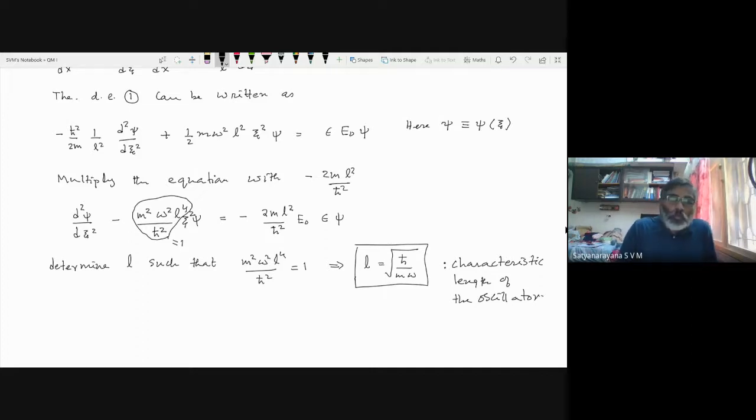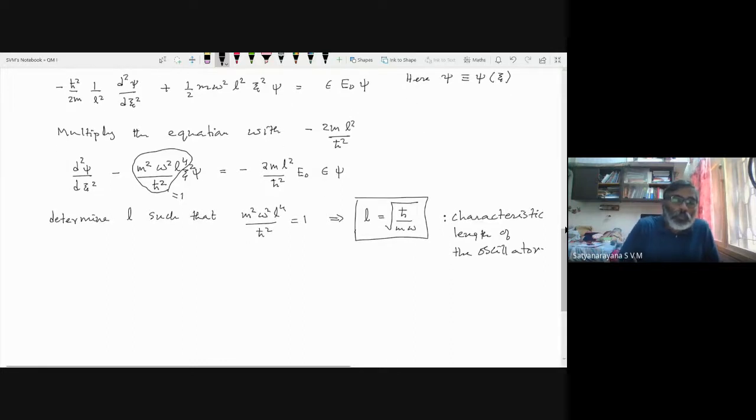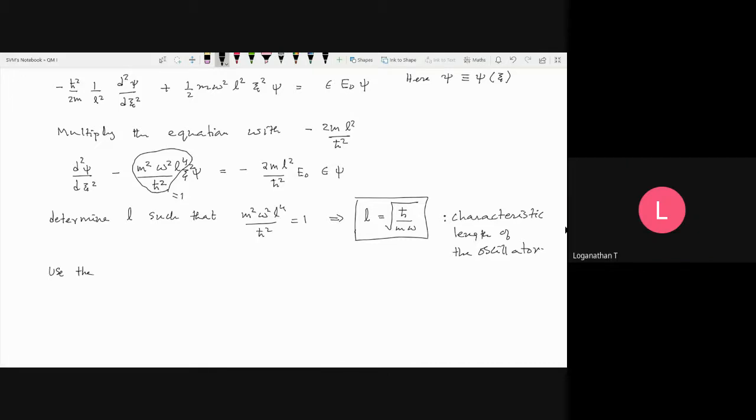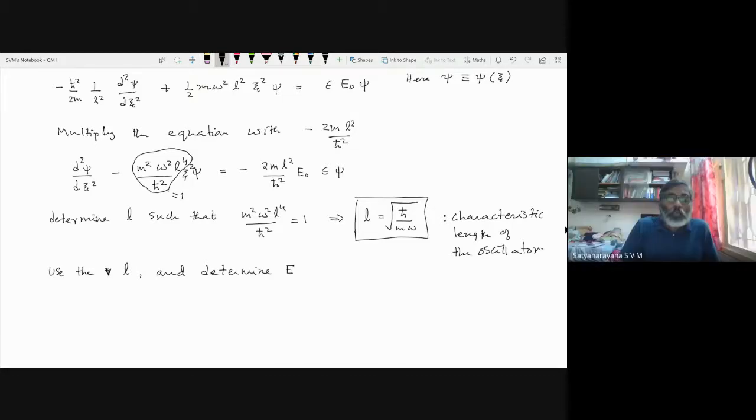Now we will try to determine E naught. Use the value of L and determine E naught such that this factor is equal to 1.